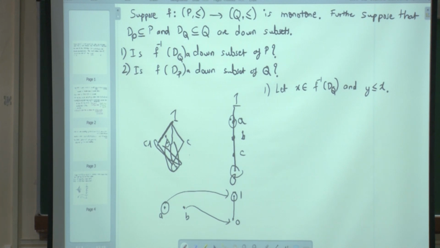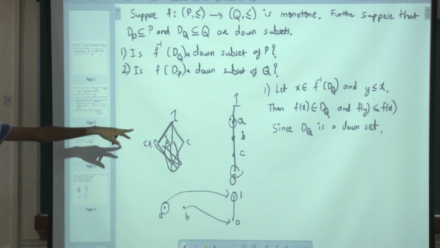Okay, then what will happen? Then F of X is in DQ by definition, and because Y is less equal X, F of Y is less equal F of X. Since DQ is a downset, what do we conclude about F of Y?